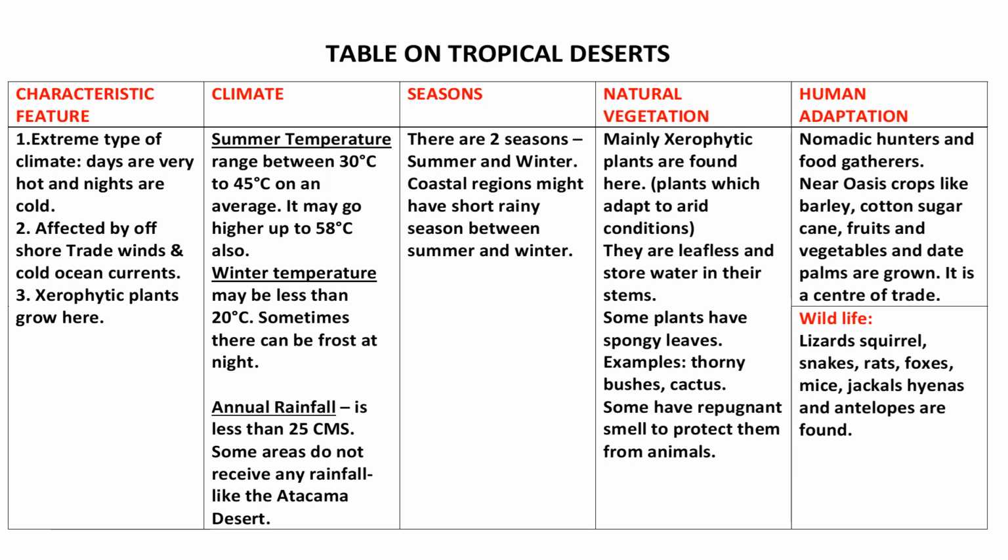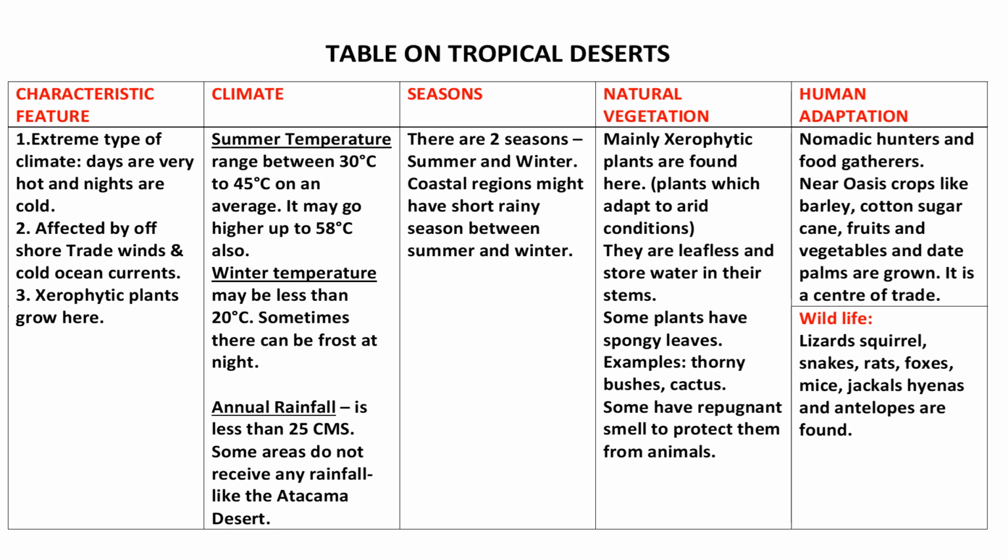Climate-wise, summer temperatures range between 30 degrees Celsius and 45 degrees Celsius on an average. They may go higher, up to 58 degrees Celsius also. Winter temperatures may be less than 20 degrees Celsius. Sometimes there will be frost also at night. The annual rainfall is less than 25 centimeters. Some areas do not receive any rainfall, like the Atacama Desert, which has not received rainfall for 400 years.